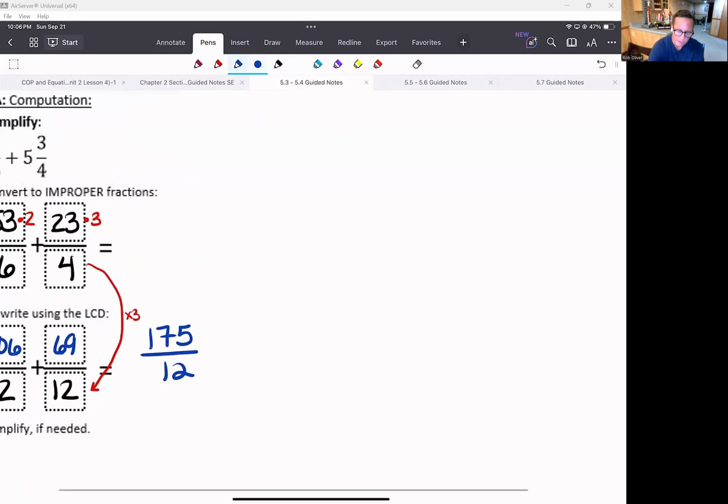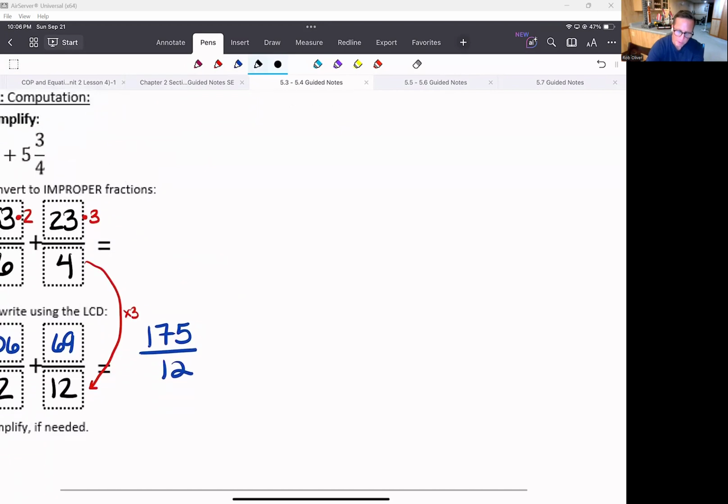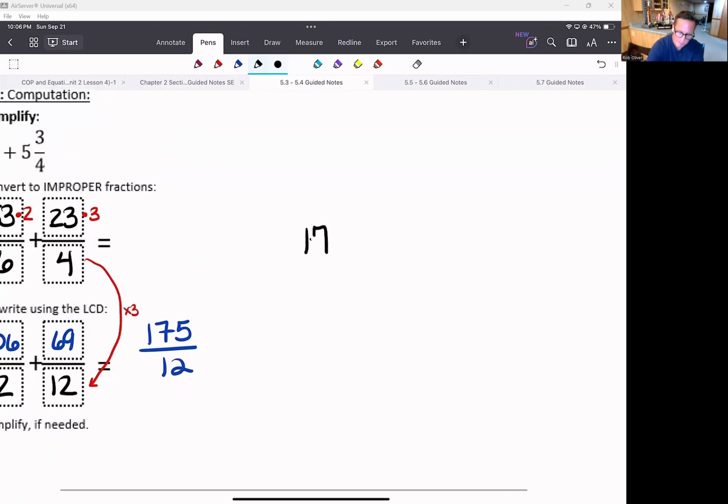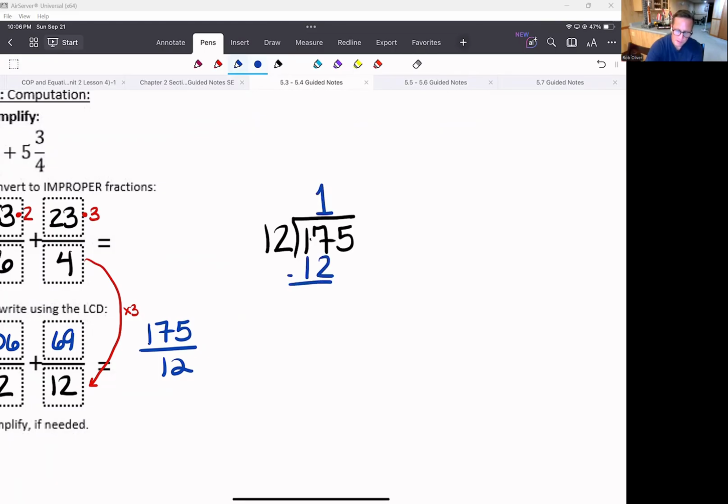So let's change 175 by doing top divided by bottom. So we're going to do 175 divided by 12. How many 12s go into 17? I'll put a 1 there in the quotient. I'm just doing long division here at this point. 17 minus 12 is 5.